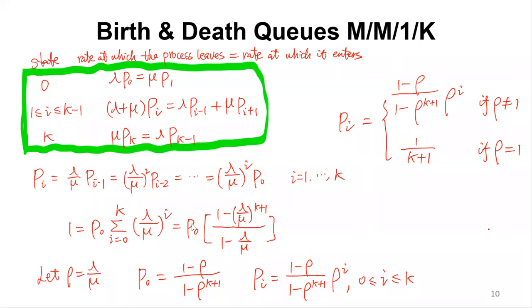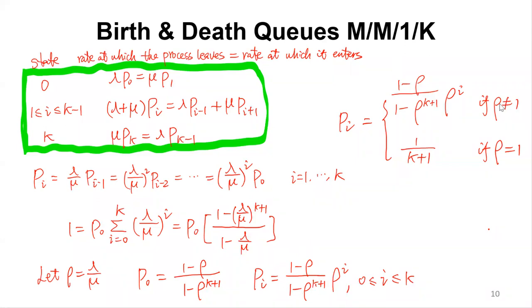So what will P0 be? P0 equals, moving this to the top, (1 minus rho) over (1 minus rho^(K+1)), where rho equals lambda over mu. And Pi equals P0 rho^i.